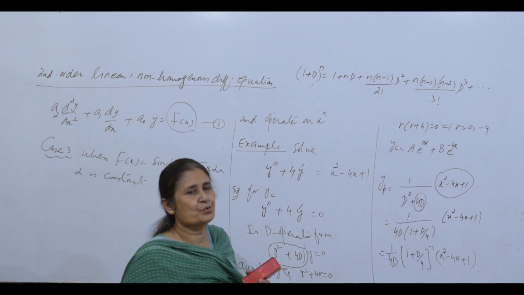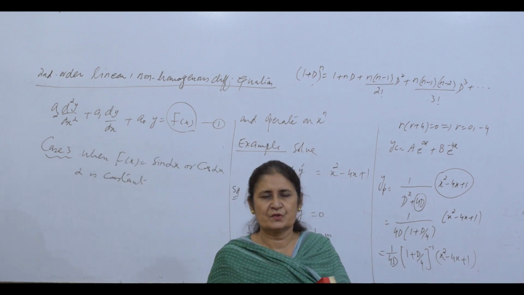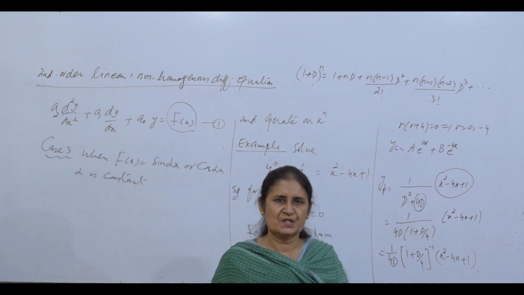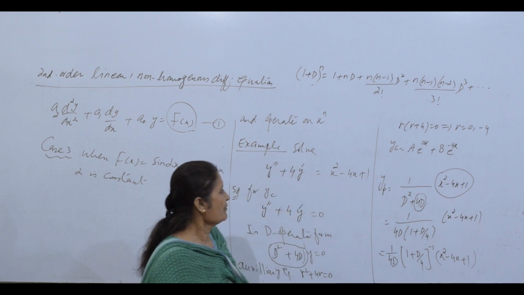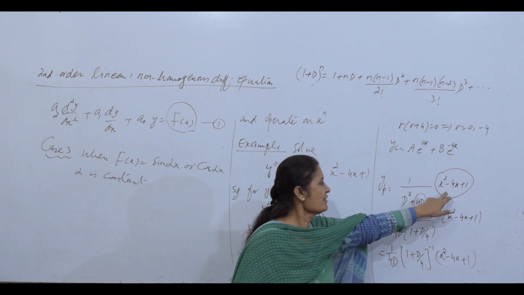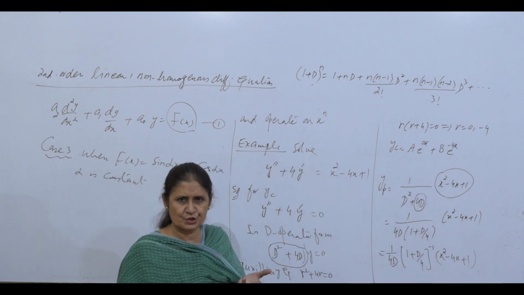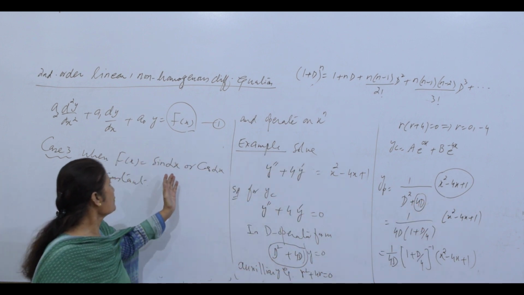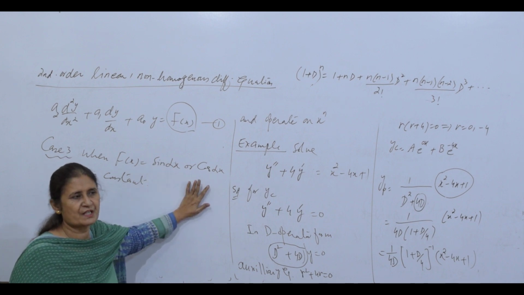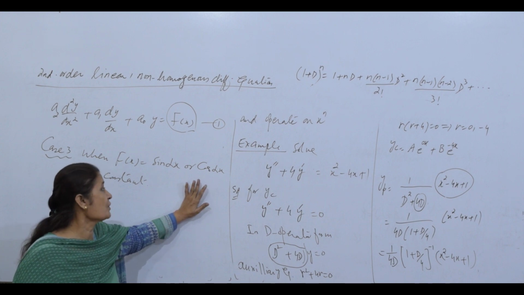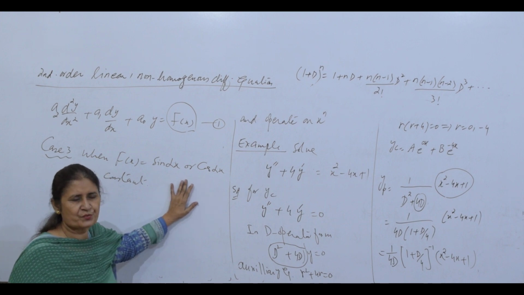Make sure we are using the D operator to solve the second order linear non-homogeneous differential equation, and those are continuous functions we are talking about. The polynomials are continuous. The first case, the exponential function, is continuous, and then the trigonometric functions sine and cosine. I'm not talking about secant, tangent, cotangent, no. Only sine and cosine.